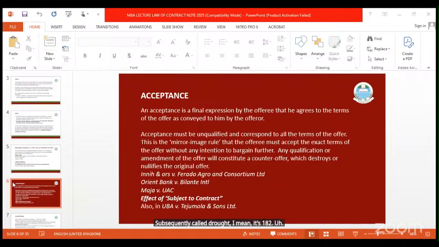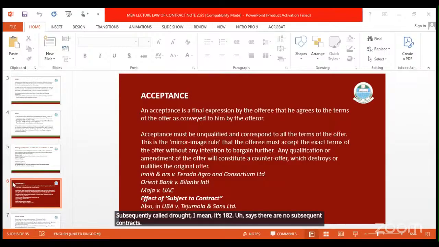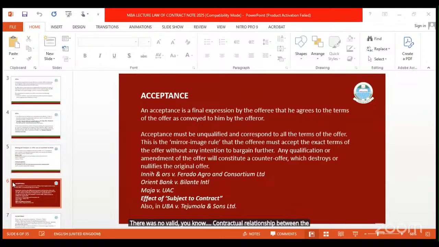Since there was no subsequent contract, there was no valid contractual relationship between the parties to amount to a breach. There must be a contract before you say there's a breach.